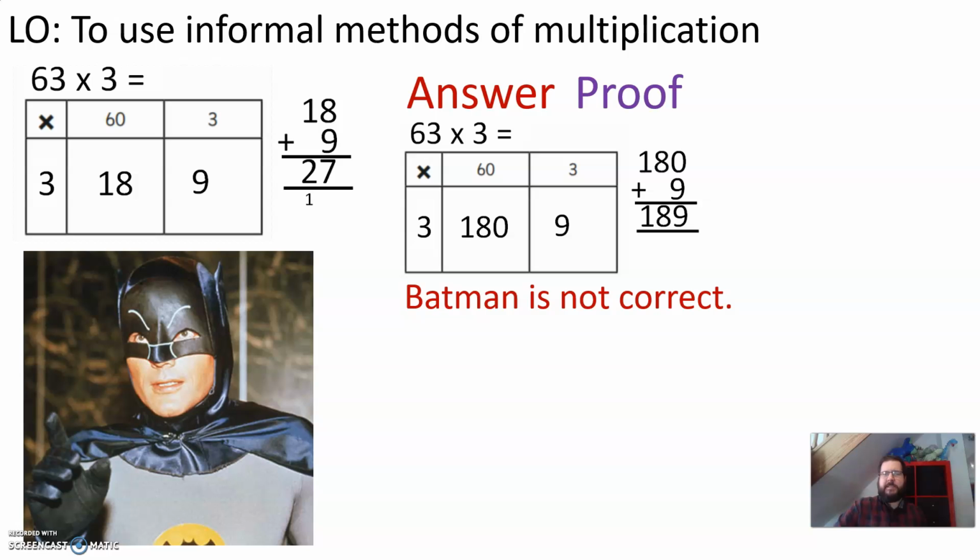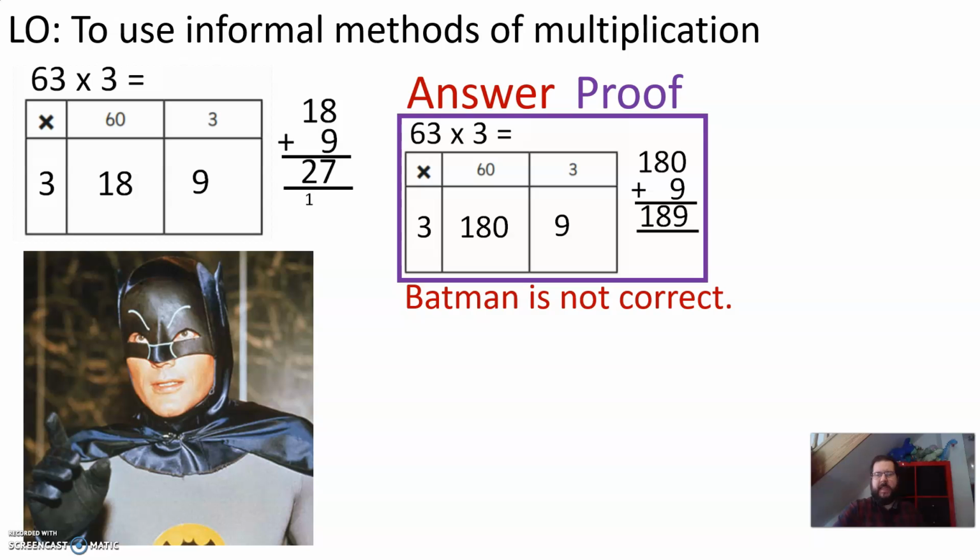So the next thing of the APE is proof. The actual fact, all the proof I need as to why Batman is completely wrong is that calculation that I've just done there. I've proved Batman is wrong using a correct calculation. So you can see the difference between the two. That's my proof. So moving on to the last bit, explain.